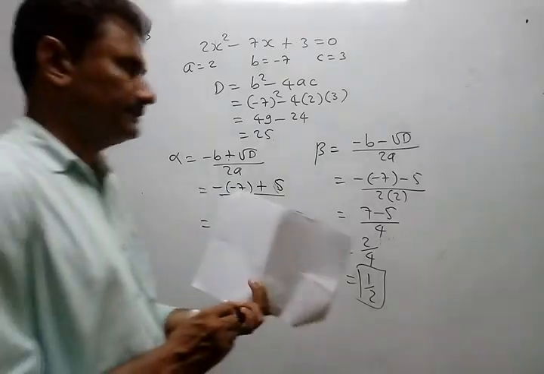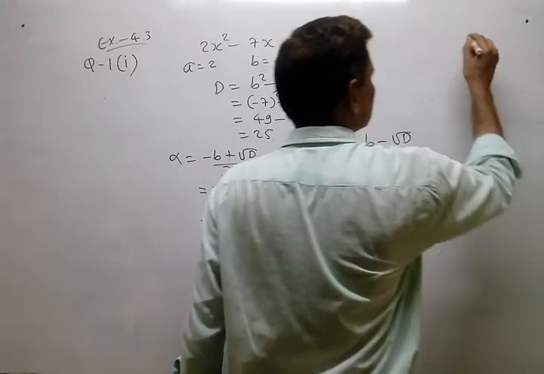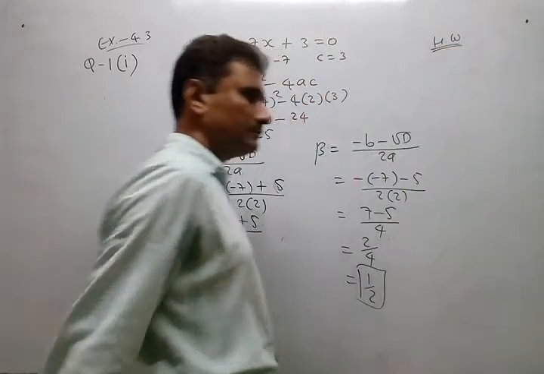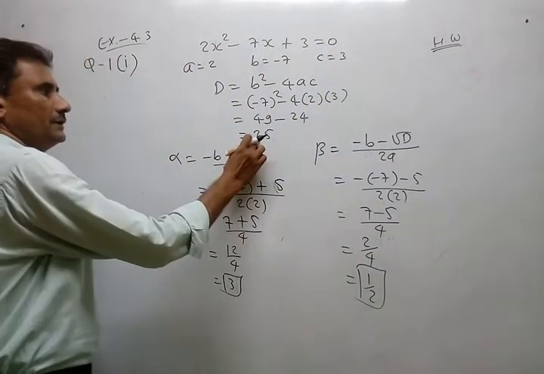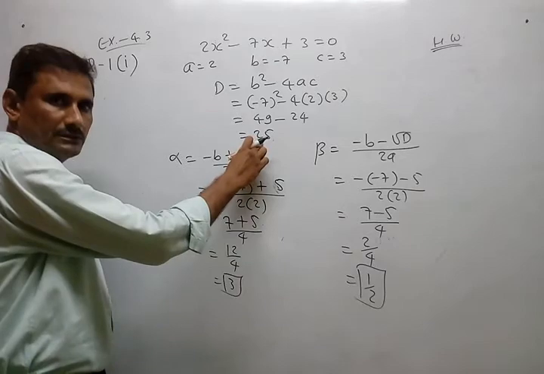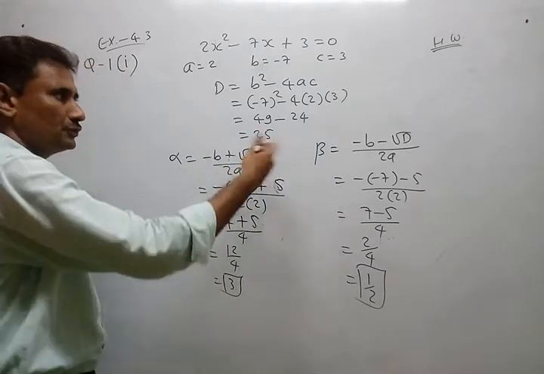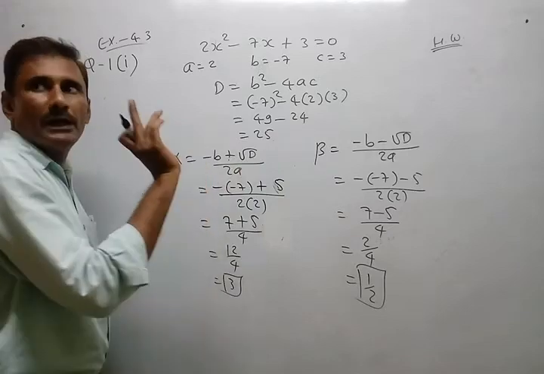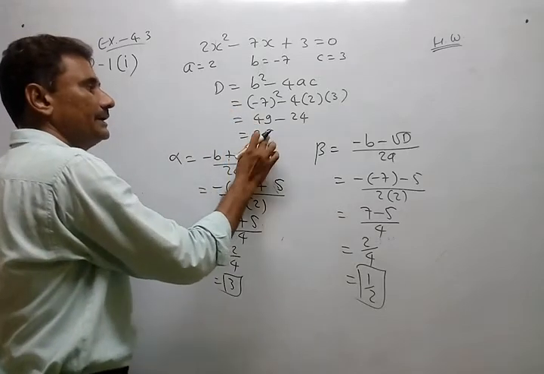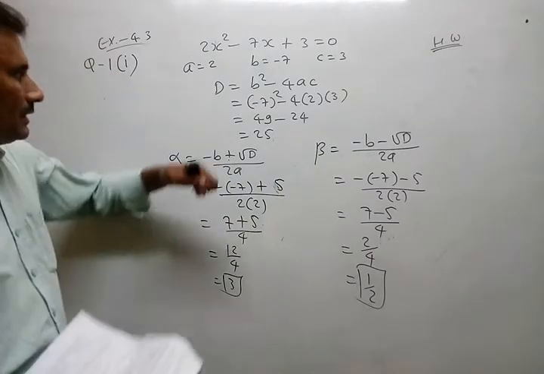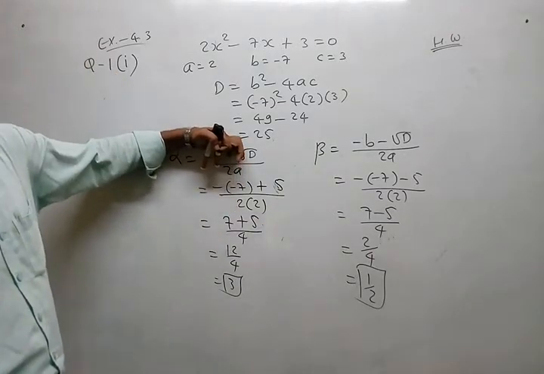Now homework. Suppose instead of 25 you get 0. At that time you have to find only alpha or only beta because both are the same. And suppose you get a negative number here, then don't write the formula of alpha and beta because the sum terminates here only.